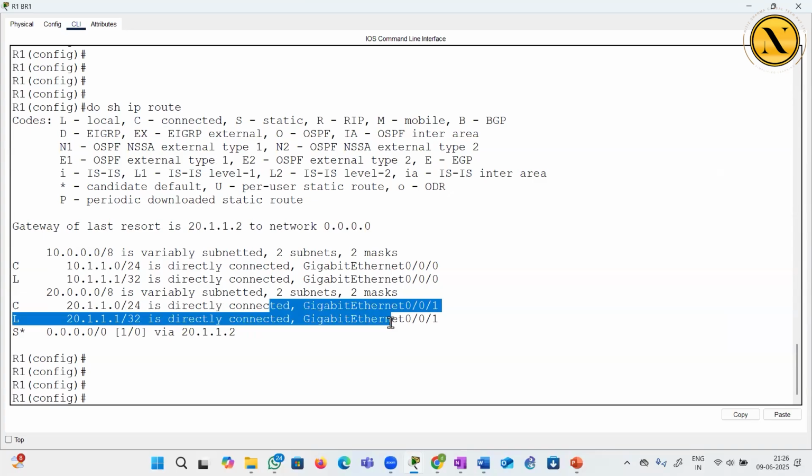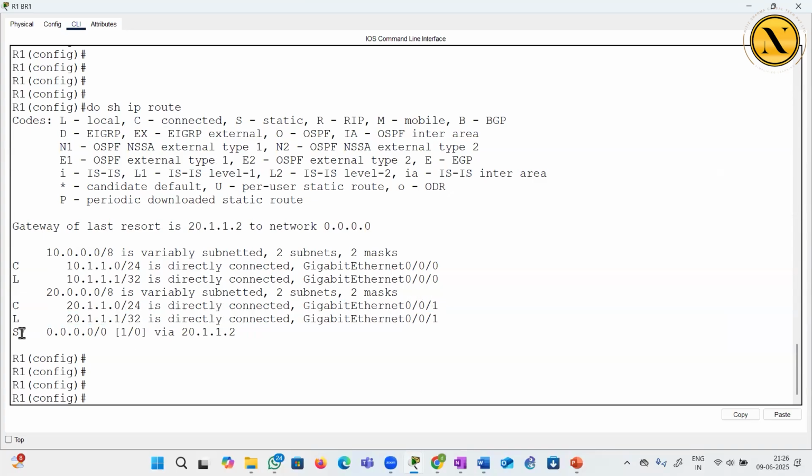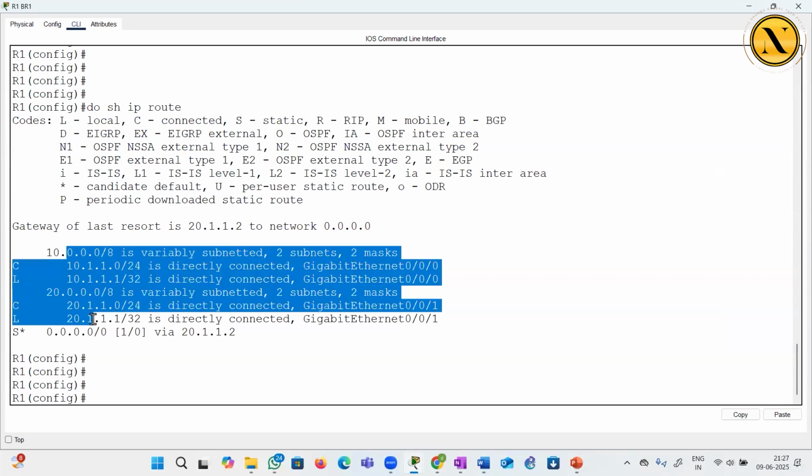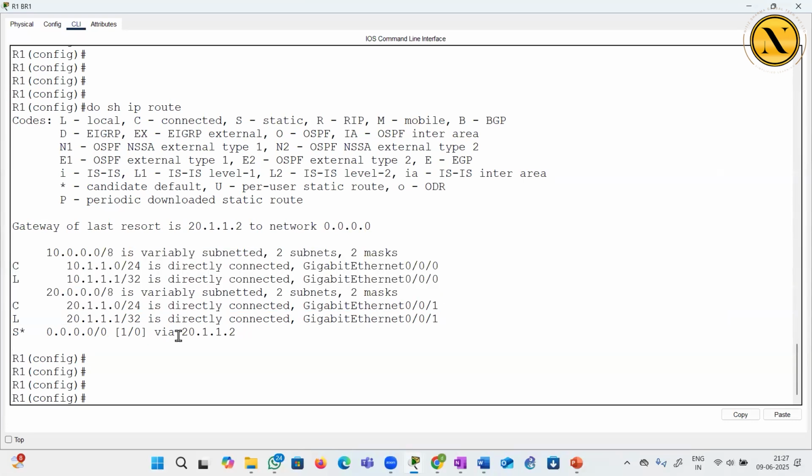Right, which port? Gigabit 1. And now the star. A stands for static, and the star, I call this asterisk a star. It's a default route, static default, which means if I get a packet for anybody, like say 200 dot blah blah blah, and in my routing table I have no entry for 200, I'll not drop the packet. I'll just send it to this guy. Got it? Any network, any source, any destination, send it to this guy.